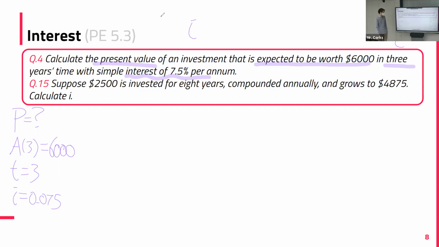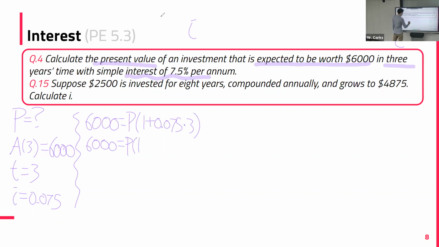We just put it into the formula and there we go. So 6,000 equals P times 1 plus 0.075 times T, 3, and just rearranging here. 6,000 is equal to P times 1.225. So P is equal to 6,000 divided by 1.225.